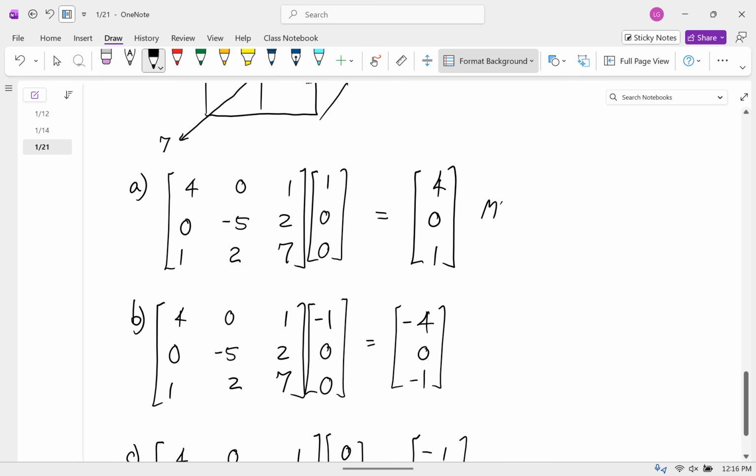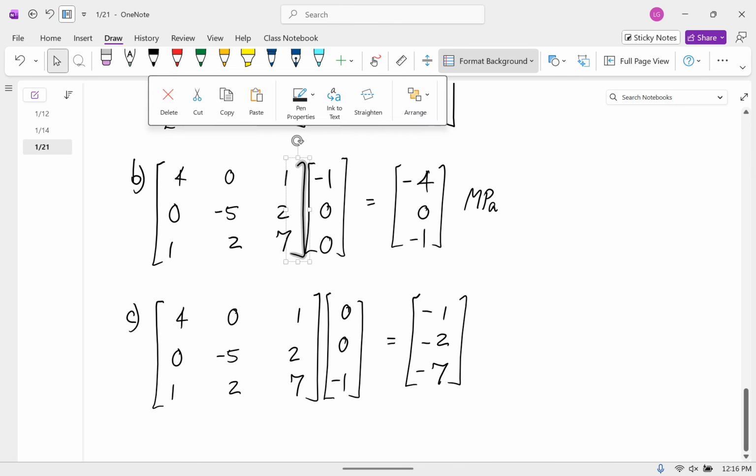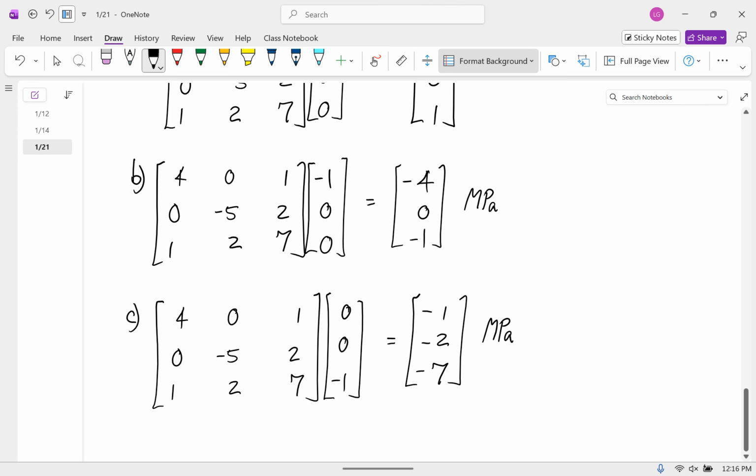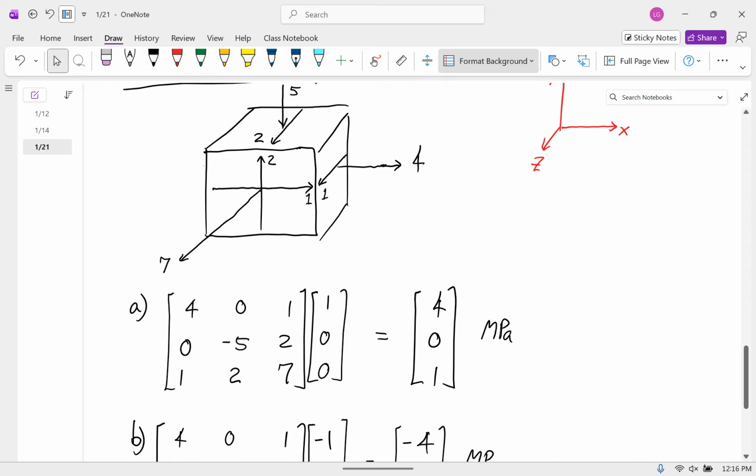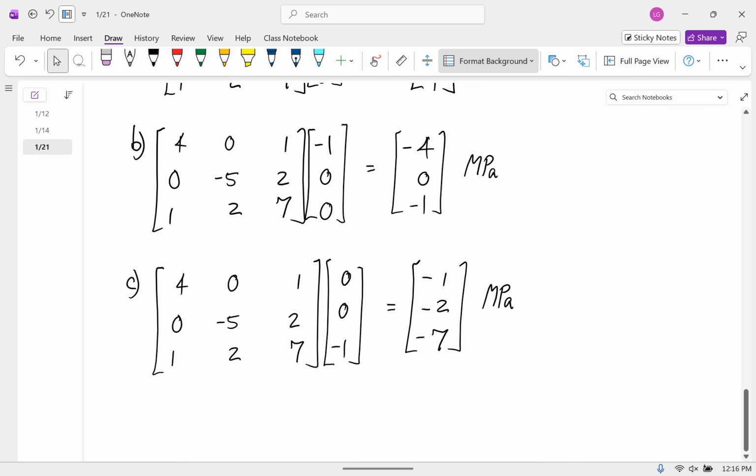These are all in megapascals, by the way. So is there any way to look at the stress cube and tell if this makes sense? Well, yeah, we can look at the positive z face, and then it should be opposite of all those. On the positive z face, we have a positive 1 for x, a positive 2 for y, and a positive 7 for z. So we expect on the negative z face to have negative 1, negative 2, negative 7, and that's what we got.